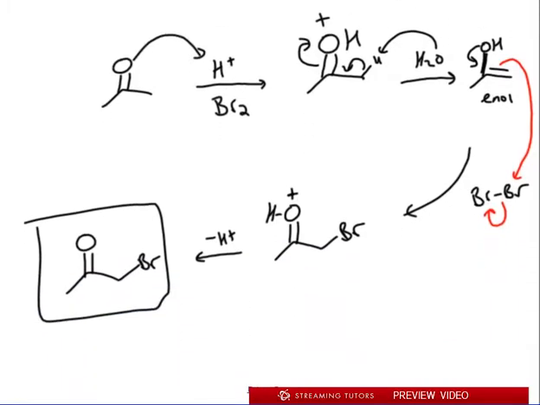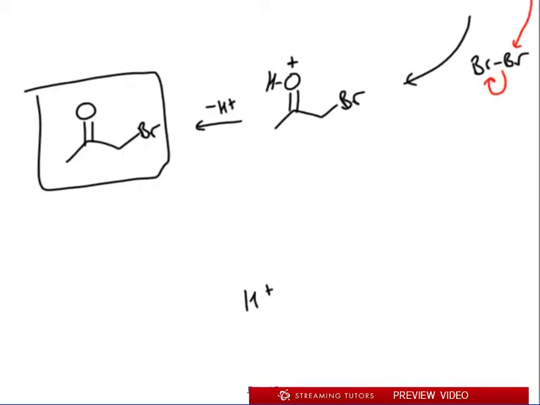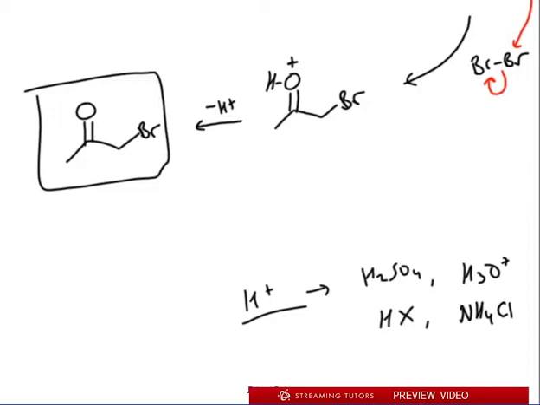Now, what's H plus? It could be H2SO4, it could be H3O plus, it could be HX, like HBr. H plus could be any of the normal things I've always given you a list of for the past few chapters. It could be NH4Cl. Remember that one? We learned about that in chapter 17, acyl halide becoming an amide.